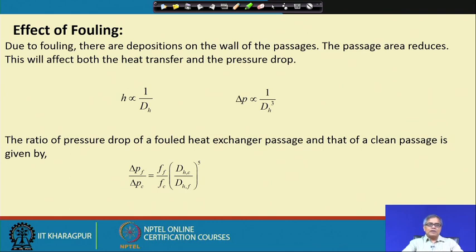You see this friction factor is coming and diameter is coming. In a nutshell, both the heat transfer and the delta P will change, and by a simple analysis it can be shown, and that is what we have done. I will not proceed further. This is just an initiation of how pressure drop and heat transfer can be affected by fouling.